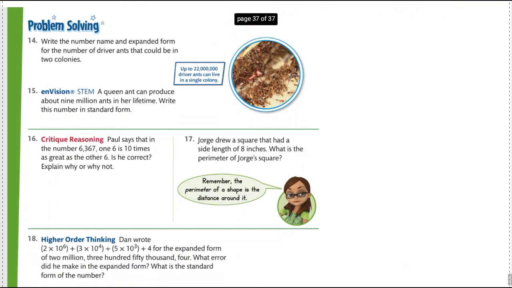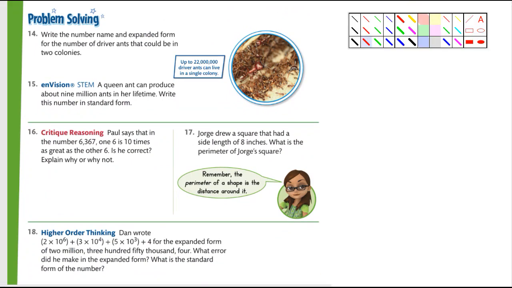So now we're looking at page, it should be page 12, okay? Trying to pick some kind of hard ones here. Let's see, write the number name and expanded form for the number of driver ants that could be in 2 colonies.